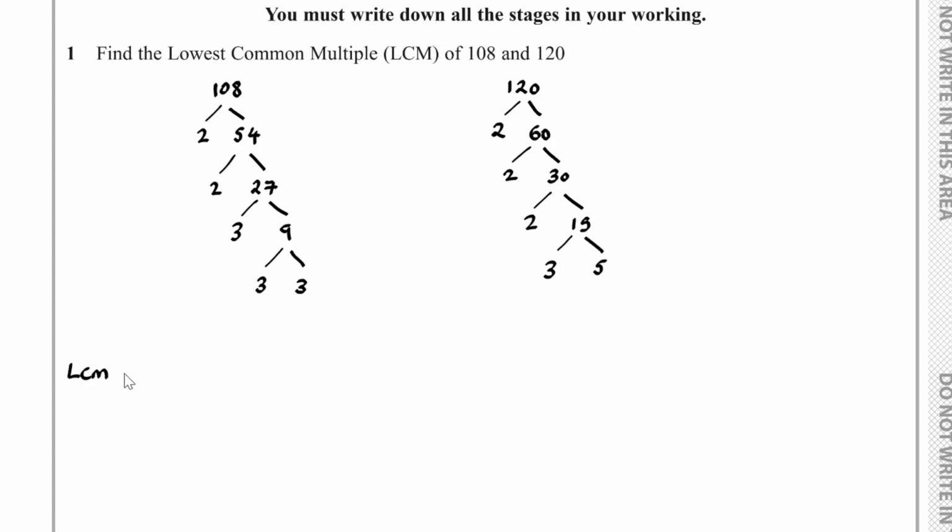to find the lowest common multiple, first of all you'll notice here we have a 2 which is common to both. We also have another 2 which is common to both, and we also have a 3 which is common to both.